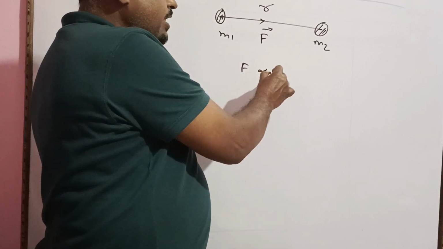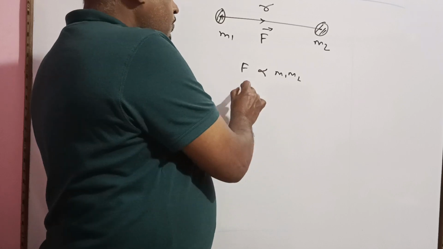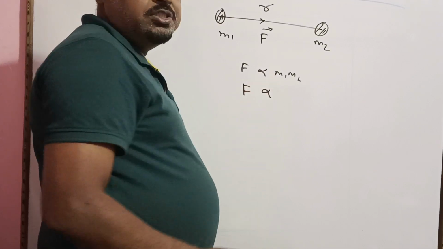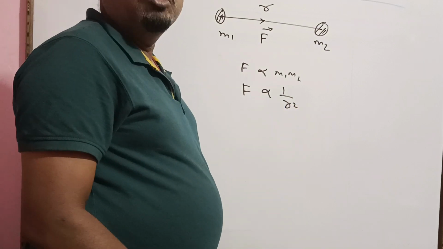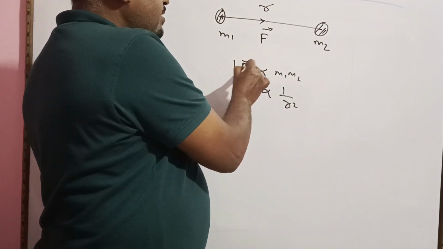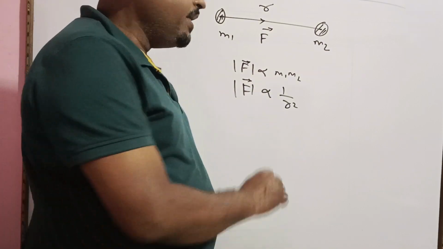The magnitude of the force is directly proportional to the product of the two masses, and inversely proportional to the square of the distance between the two masses. You may take the mod, or simply write F without the vector sign.